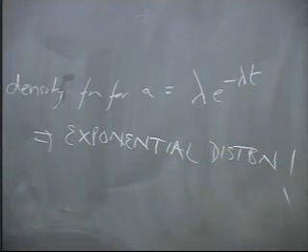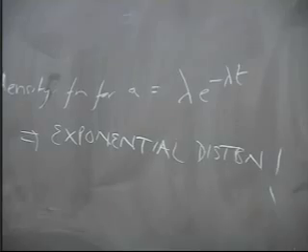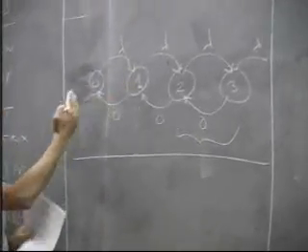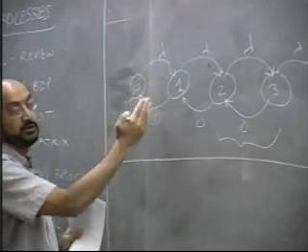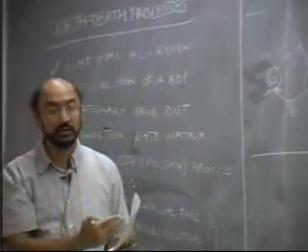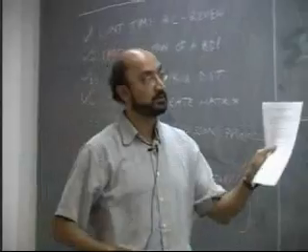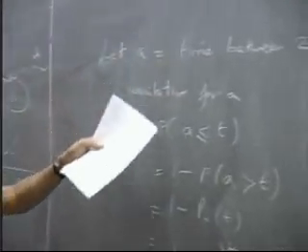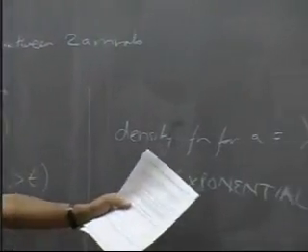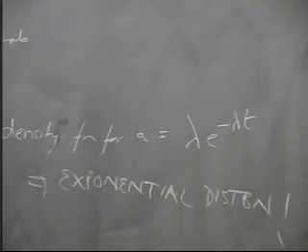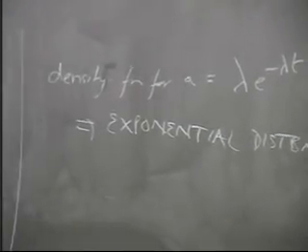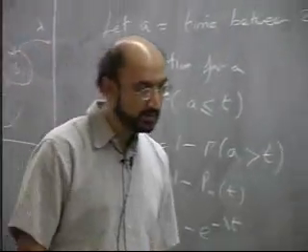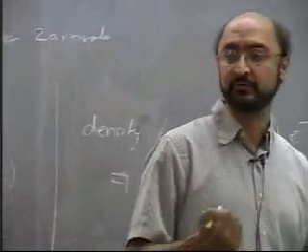What are we saying? If we have a Poisson process or a pure birth process, the interarrival time, the time that you have to wait between arrivals, is distributed exponentially. This is sort of a fundamental result, and it's a pretty straightforward result to prove. It characterizes the Poisson process.